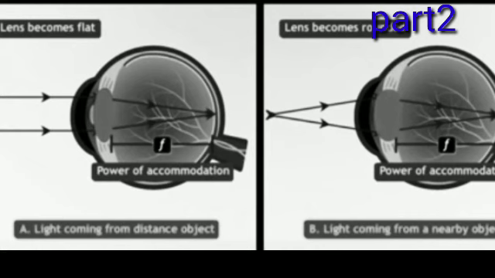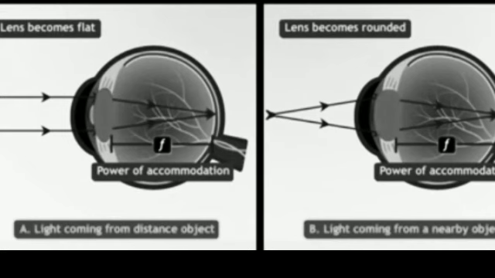This way we can see objects clearly irrespective of their distance. The capacity of the lens to change its focal length as per need is called its power of accommodation. Although the elastic lens can change its focal length to increase or decrease, it cannot do so beyond a limit.